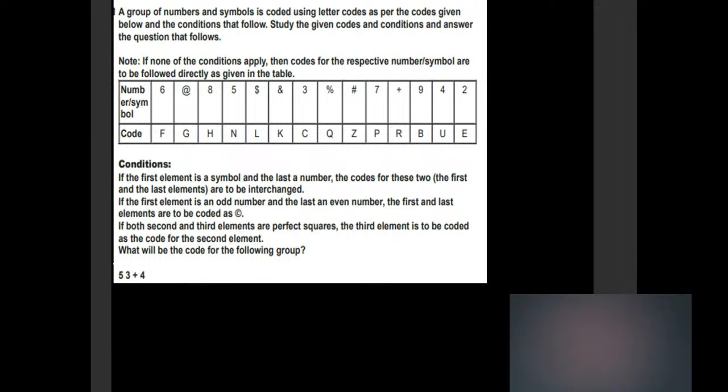Here the value we should find is 5 3 plus 4. We should find the code for that particular one. So what is the code for this 4? Some conditions are given. Based on the given conditions we should check.